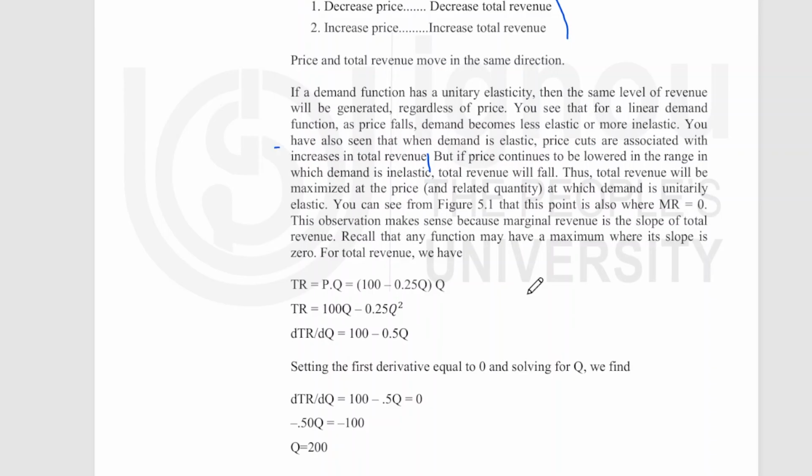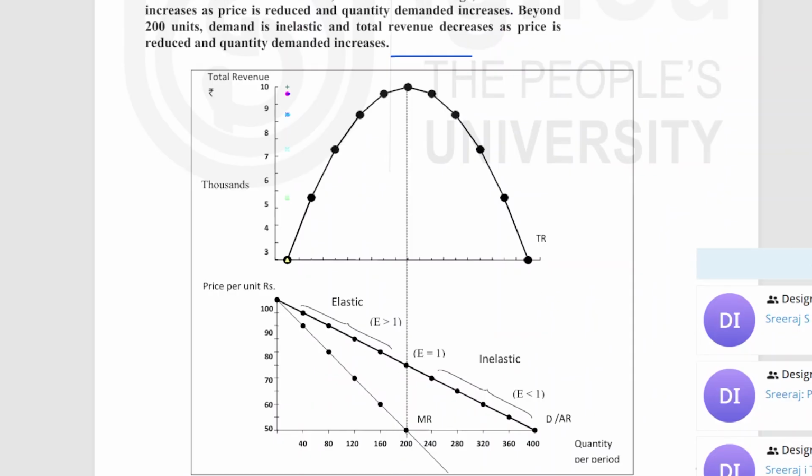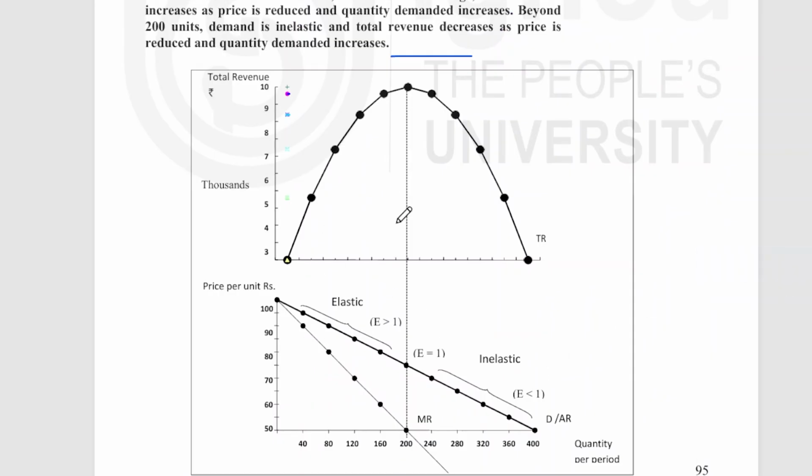But if price continues to be lowered in the range in which demand is inelastic, total revenue will fall. Thus, total revenue will be maximized at the price at which demand is unitary elastic. So in Figure 5.1, that point is also where MR is equal to 0. So here MR is equal to 0. Okay, in this figure, you can find this out.